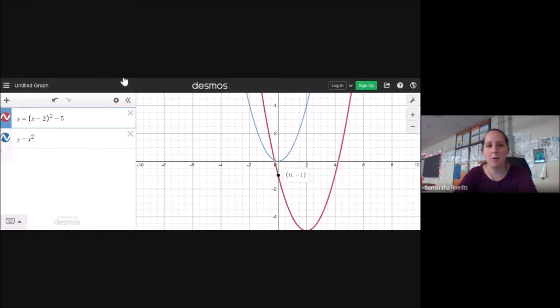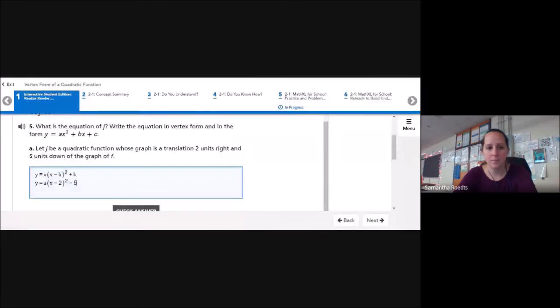So I can use that point to solve for a. When I do that, negative 1 equals a times (0 minus 2) squared minus 5.